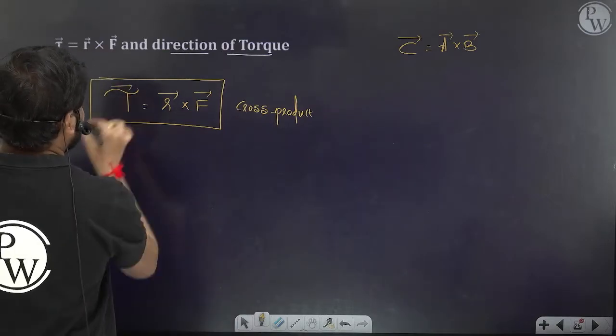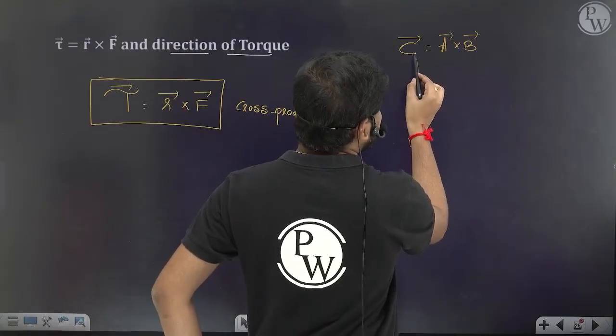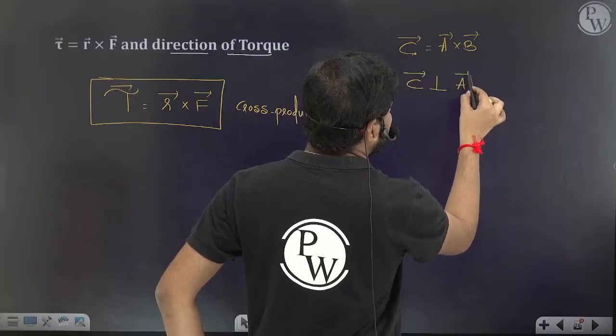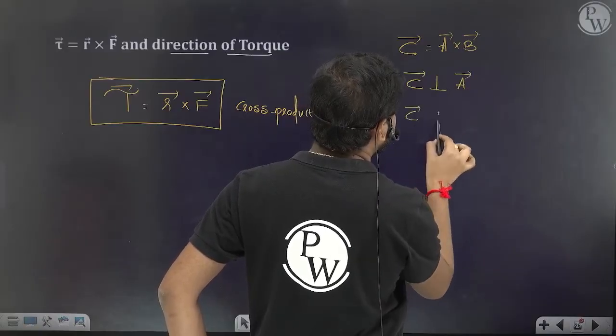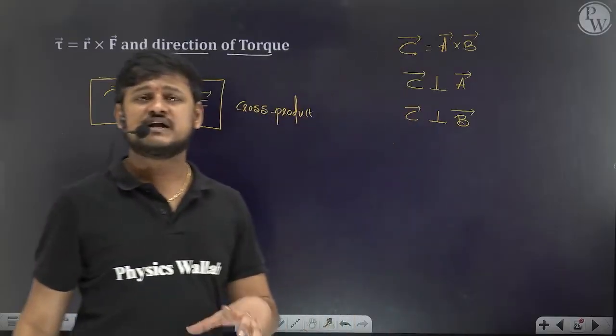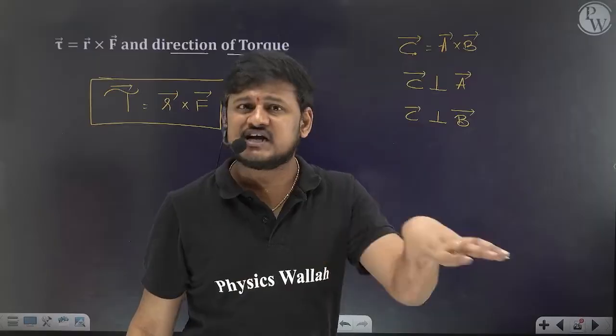One more thing: in the cross product we have studied that the resultant C will be perpendicular to vector A and perpendicular to vector B as well. So the resultant of the cross product of two vectors is perpendicular to the two individual vectors.